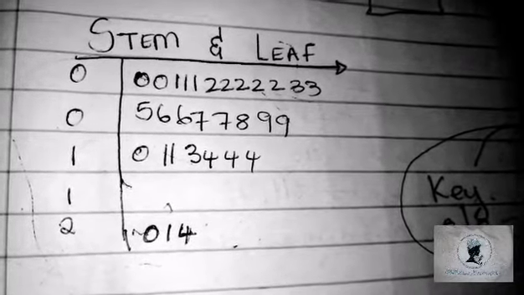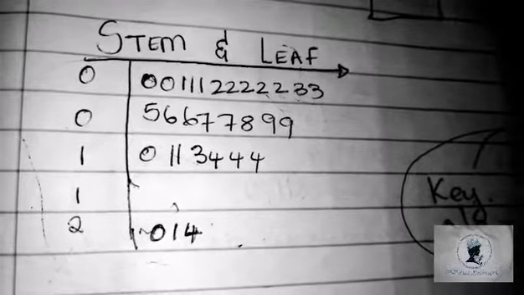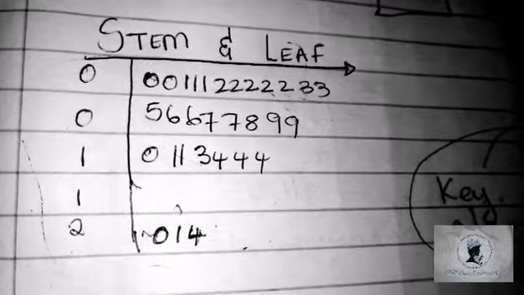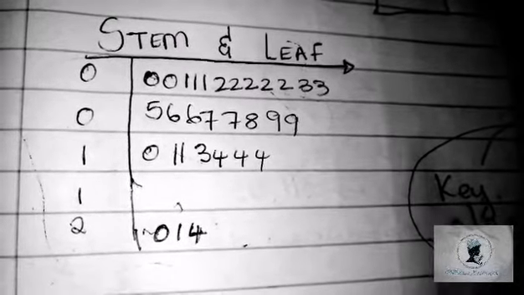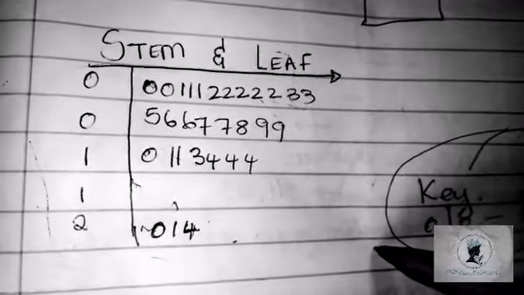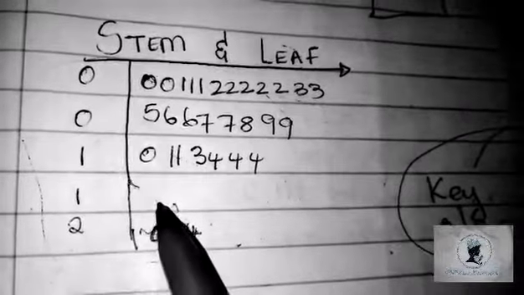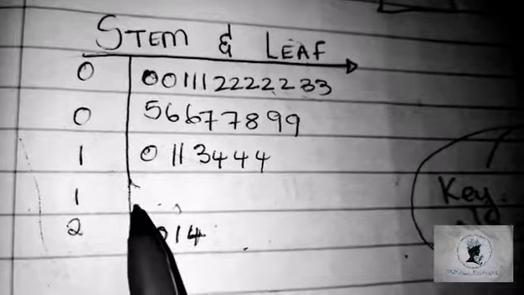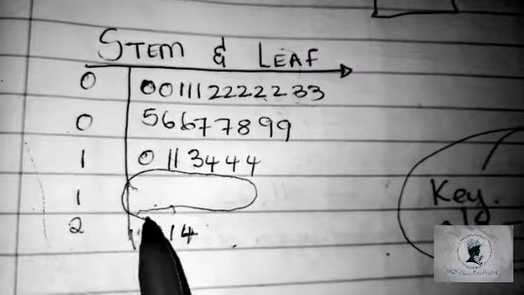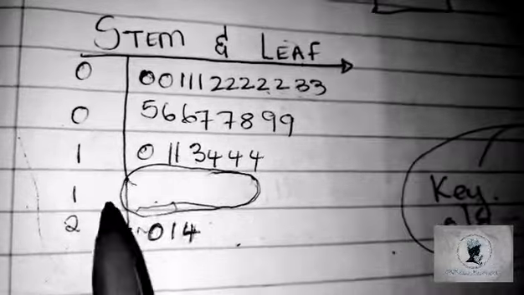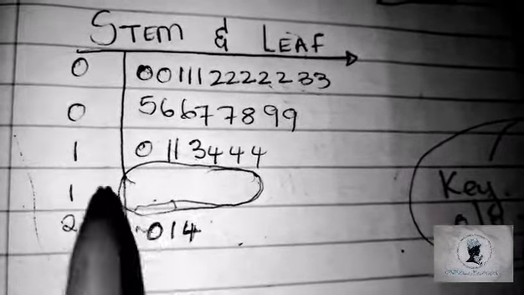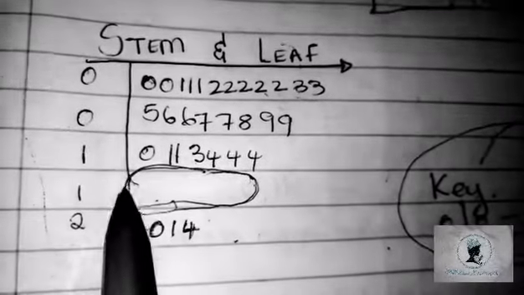All the calculations we've done in the other videos here on our channel do work and apply when using a stem and leaf. And guys, if you find a situation where you have something like this, this part merely shows you that there is no value in this part.